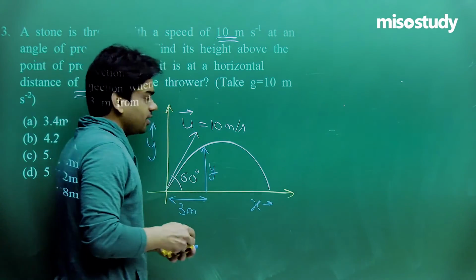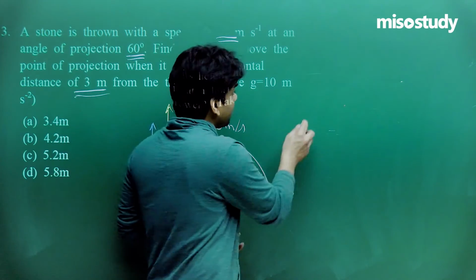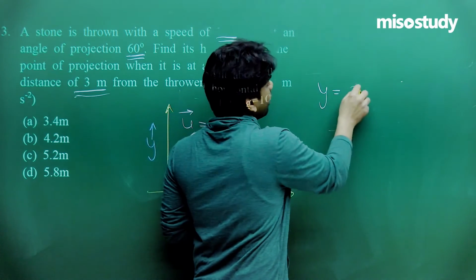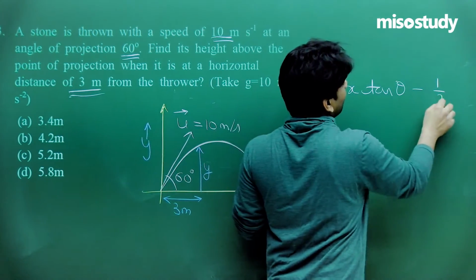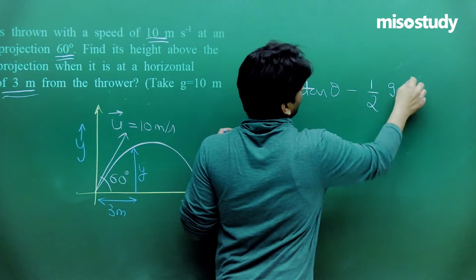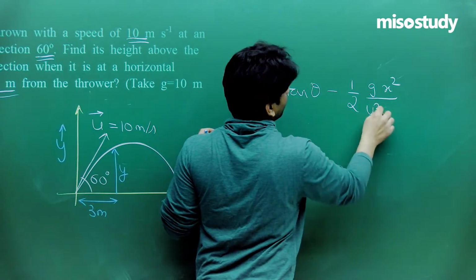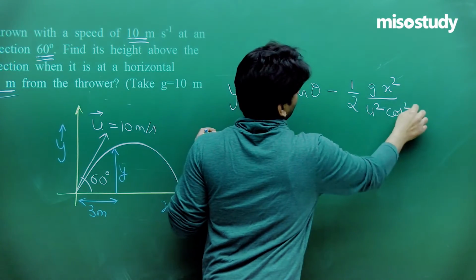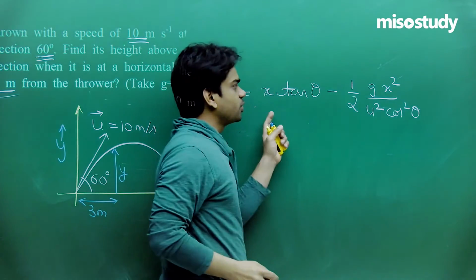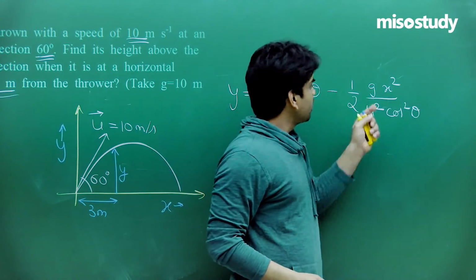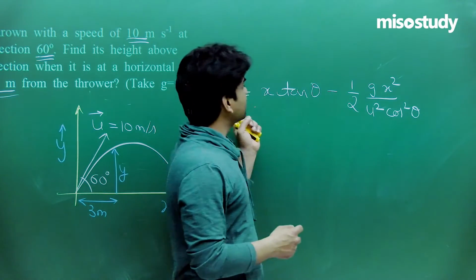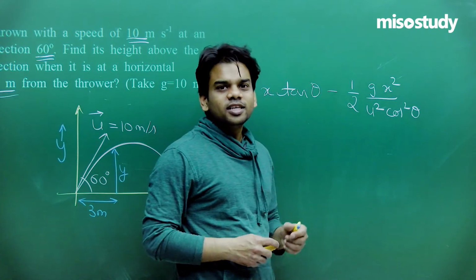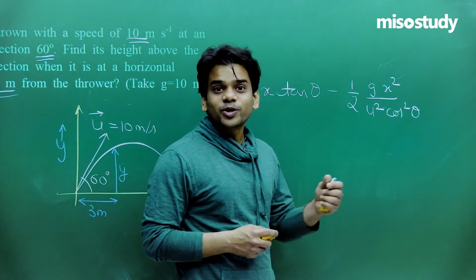So if I go ahead and write the equation, y equals x tan theta minus half g x square upon u square cos square theta. This is the curve along which the projectile moves.